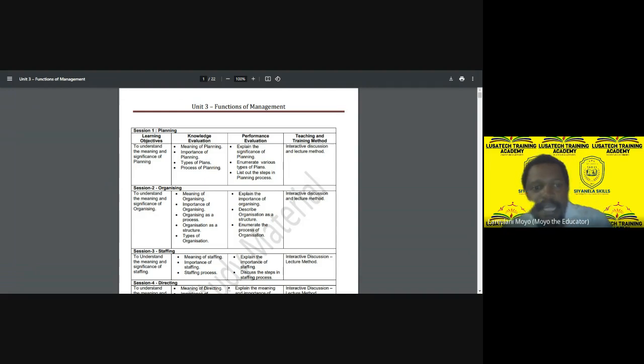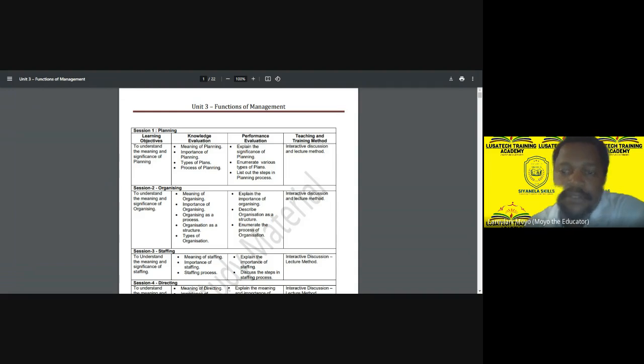What you do here is sit down and arrange your thoughts in such a way that you are able to make a list of what you plan in terms of your aims, your objectives, right? What are you planning in terms of strategies? What are you planning in terms of targets?